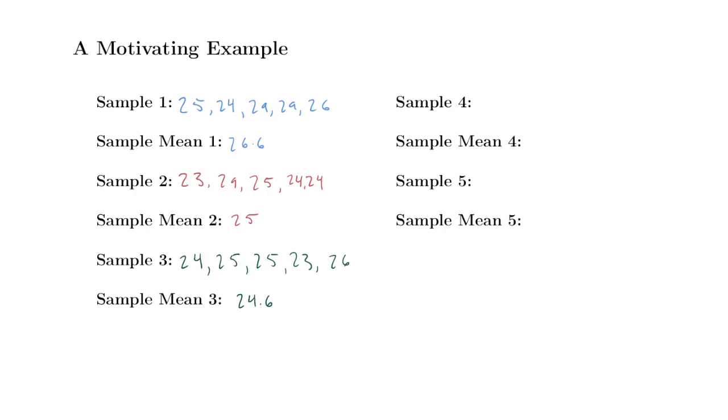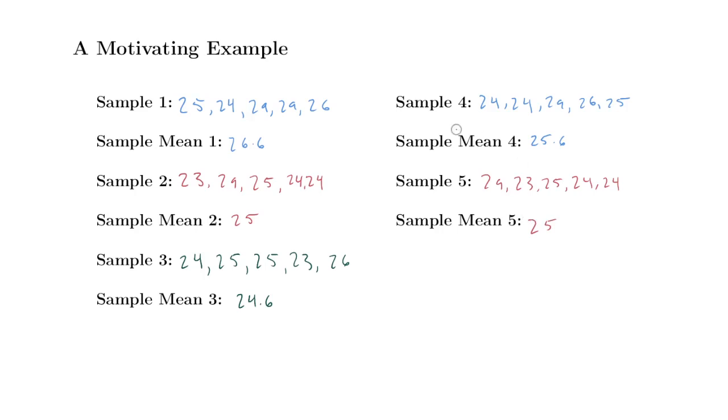And we could do this again. Our fourth sample might be 24, 24, 29, 26, and 25, and the sample mean here is 25.6, and our last sample that we take could be 29, 23, 25, 24, and 24, and our sample mean there is 25.